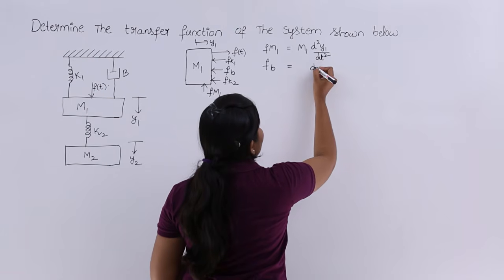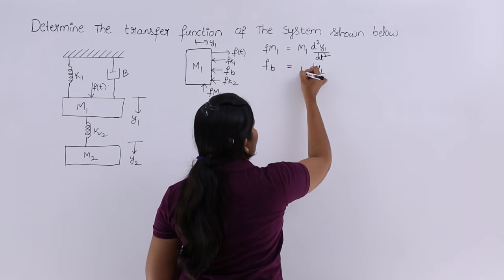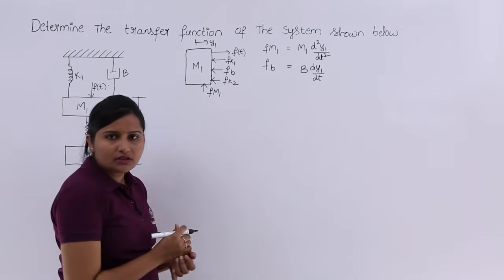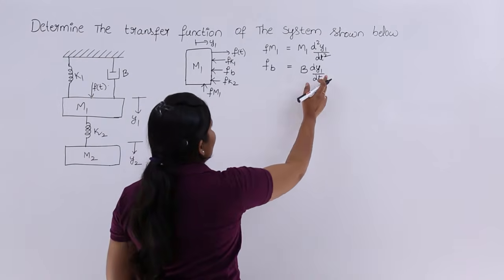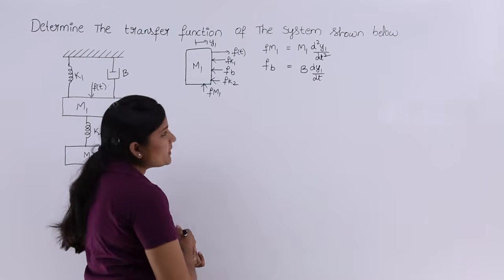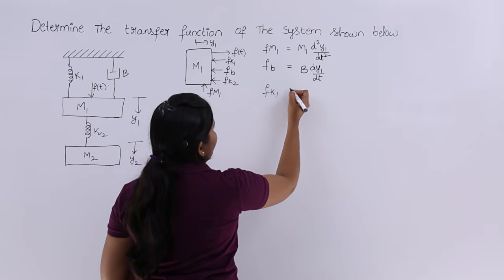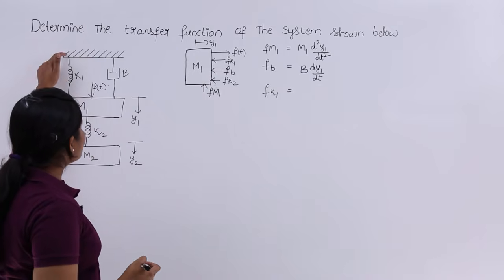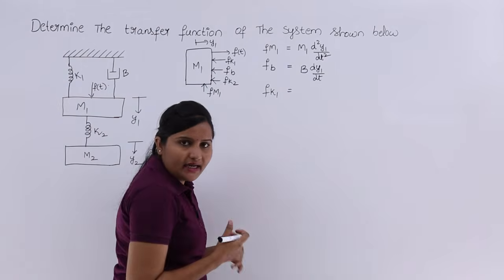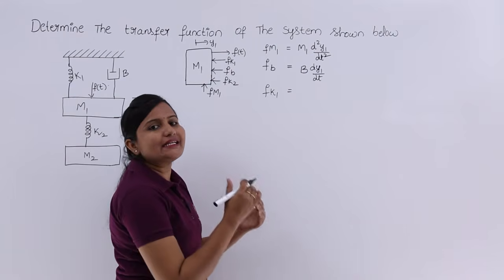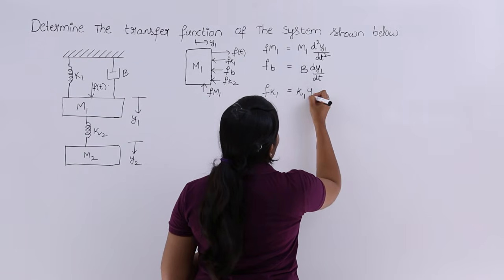Velocity is dy1 by dt, and the proportionality constant is the dashpot or friction coefficient. So Fb is equivalent to b dy1 by dt. Coming to Fk1, the force due to the first spring: the first spring is attached to some reference and has displacement y1. The spring force depends upon the displacement, so this is equivalent to k1 y1.